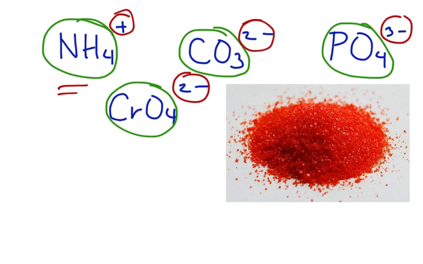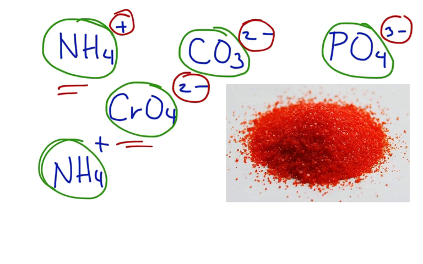So again, this compound over here, this orange compound, is ammonium chromate. We have an ammonium ion that's got a plus charge. We have chromate with a -2 charge. So we're going to need 2 of these ammoniums in order to balance the charge on the chromate.